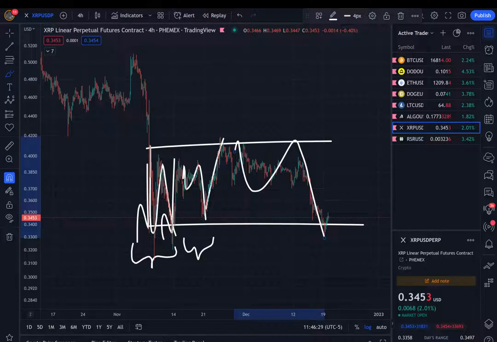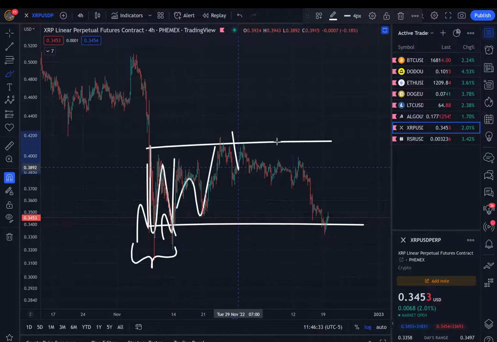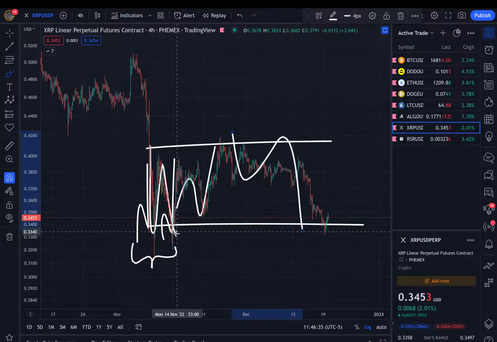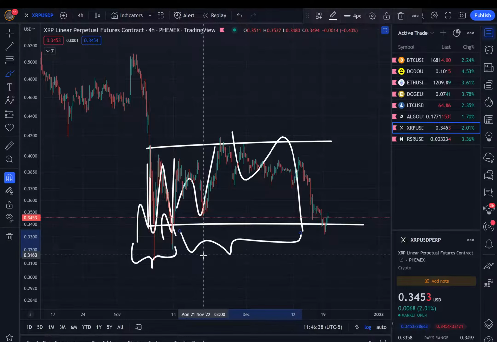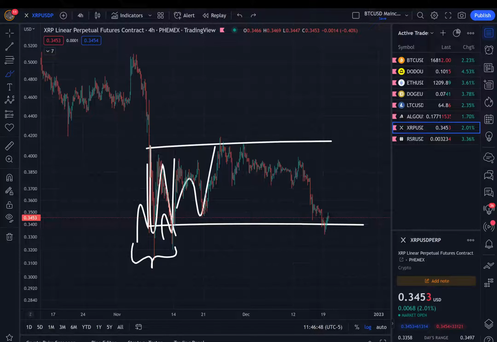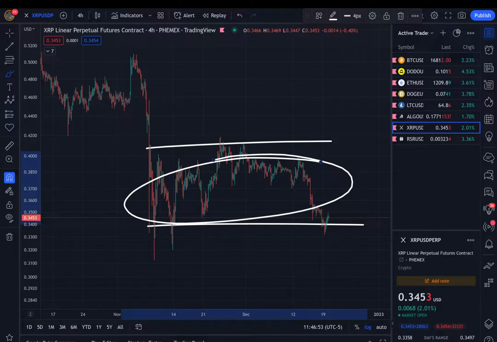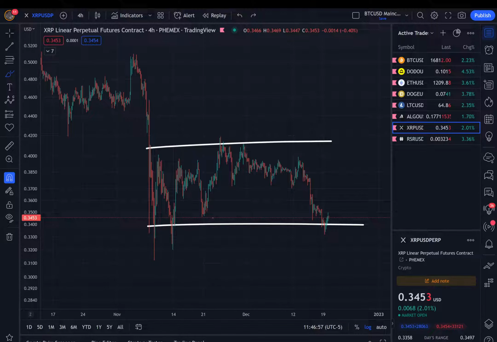So that may have been it. Or you can look at this as being the second degree, and this as being the pivot. Okay? So, again, in all of this, you can count 2 degrees of AB basing in a pivot, or 3 pairs of corrective waves, the last of which is this pivot right here.